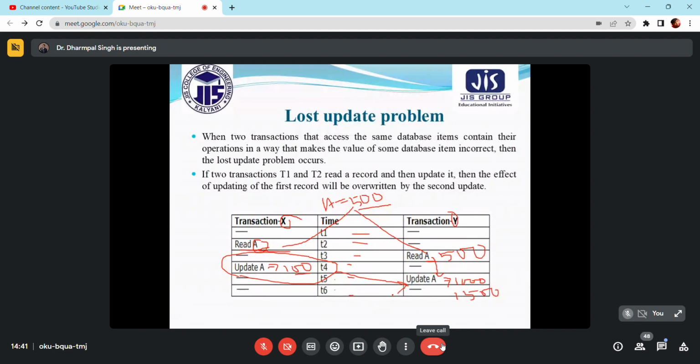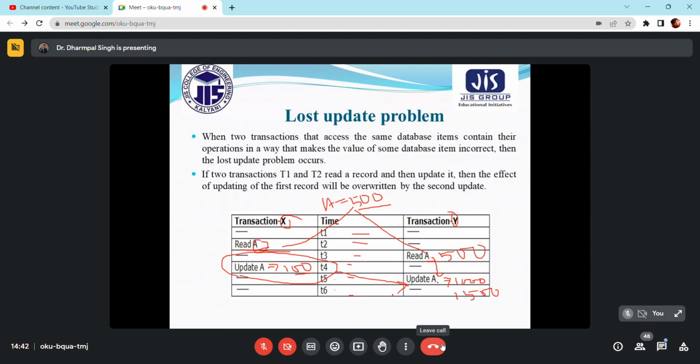Here, one transaction is not aware of the second one. So whatever value was read by the transaction, it shows 500. It did the update at time T5, and T5 is the later transaction, so the updated value is always preserved in the database. This type of problem occurs in concurrency.